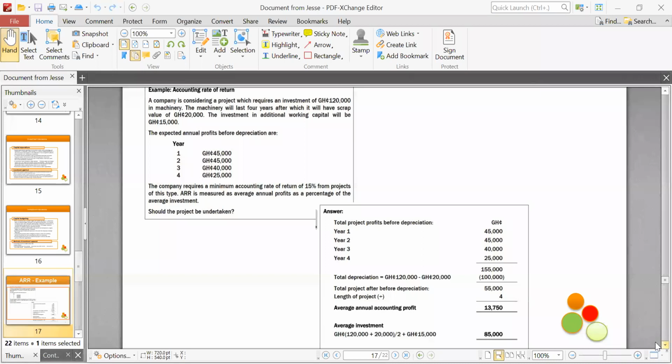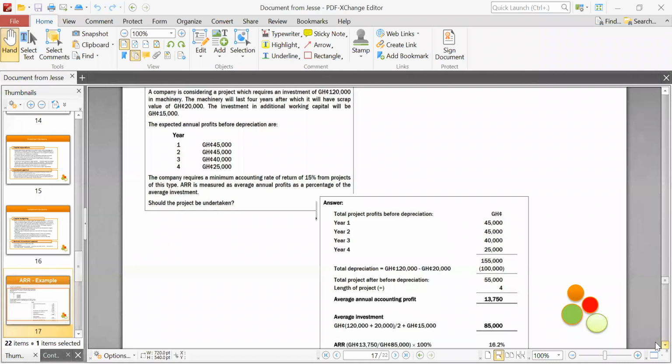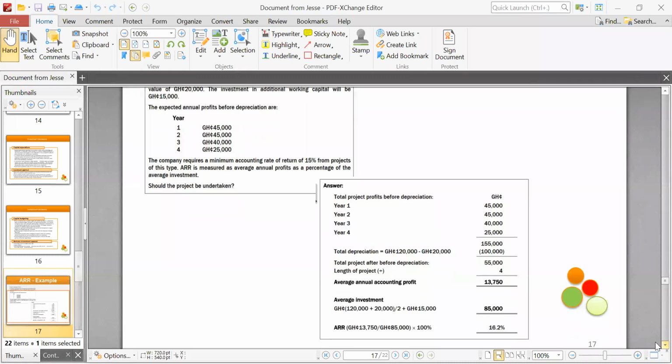What's the exact figure? 55,000 divided by 4 is 13,750.